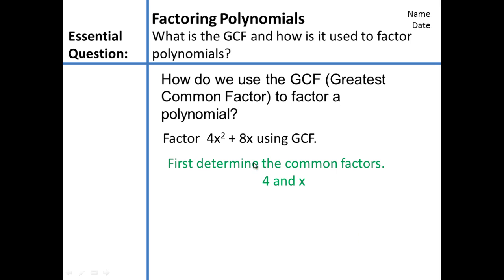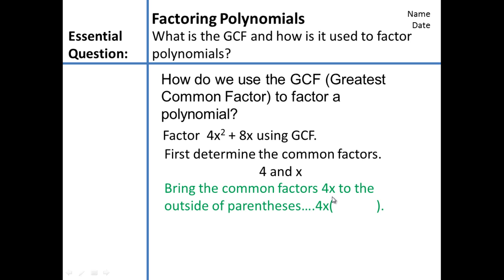As you can see here, 4 is the largest number that goes into 4 and 8. And then x, they both have x in common, and we use the one that has the smallest exponent to be our common factor.